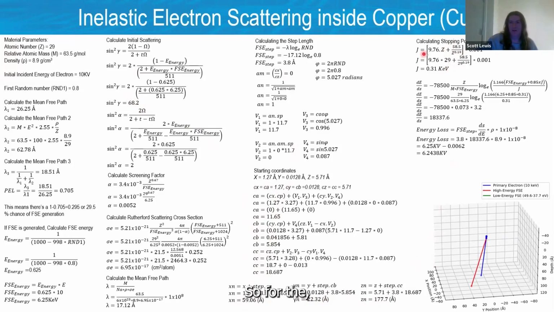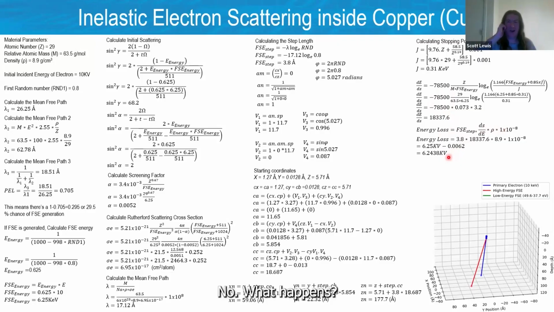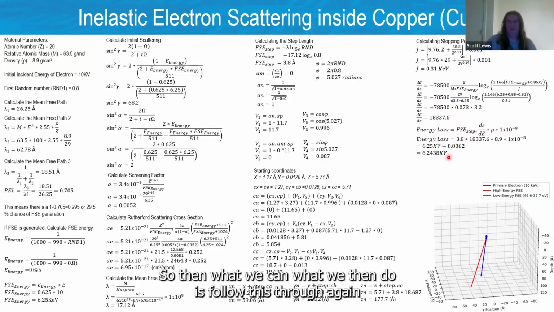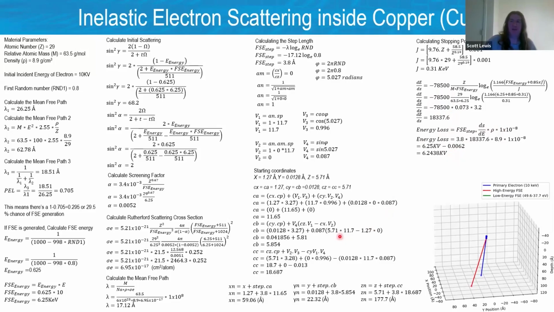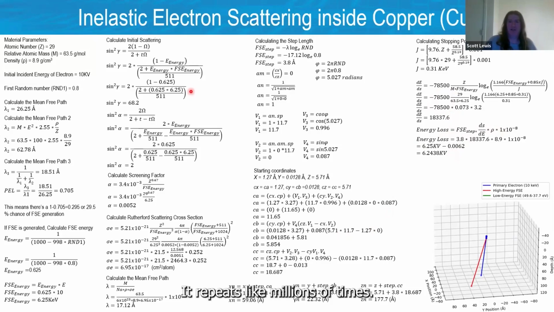So for the ionization potential, we work out what our stopping power is, and then we work out the energy loss. And because there's an elastic scatter, not a lot happened. So then what we do is follow this through again, to see if we scattered or generated a secondary electron, and it repeats like millions of times.